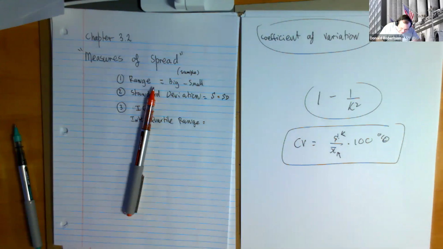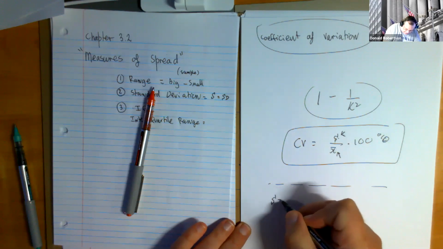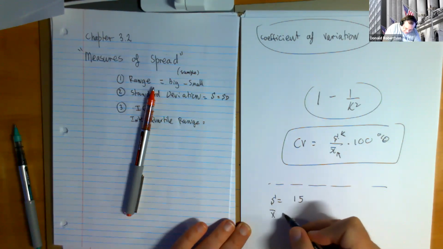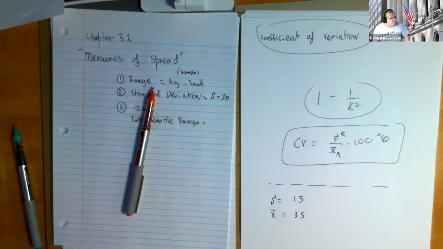So I want you to just pretend I've got a data set and I calculate that the standard deviation is 15 and that the mean was 35, just for argument's sake.